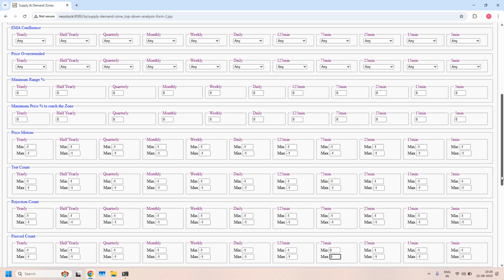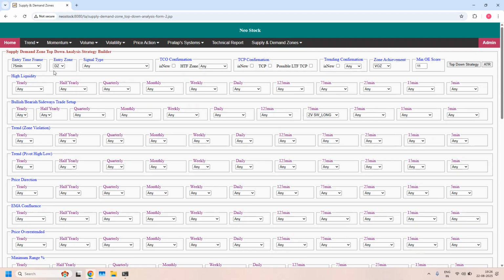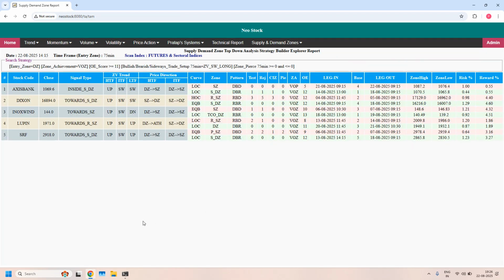And this filter is applied on the 75 minutes demand zone. So now let's filter. We got 5 stocks supporting sideways long trade setup for weekly income trade, and entry time frame zones are 75 minutes demand zones. So in total we got 5 stocks.